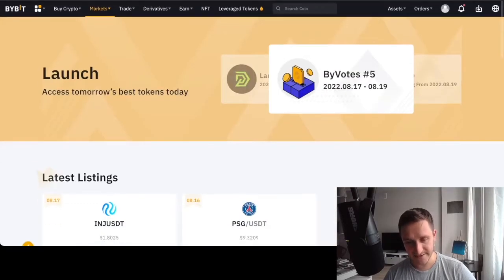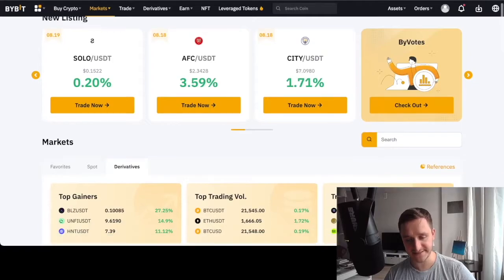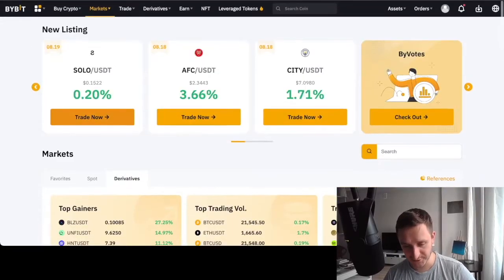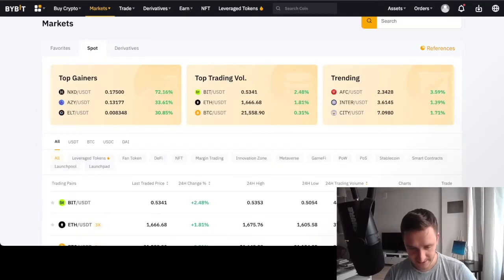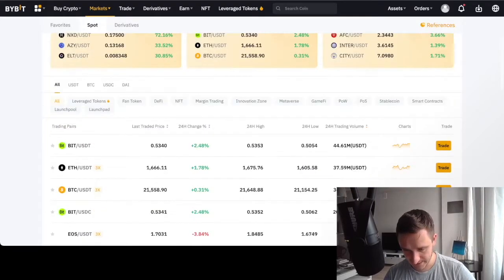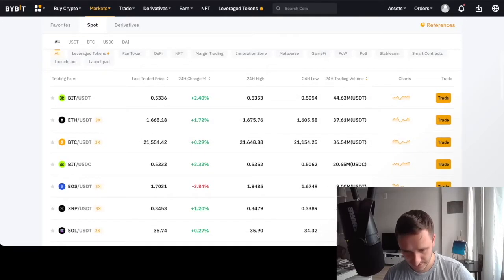Other things, they have those different statistics around the market, which is really great. So in total, you have things like new listings, what markets are doing, whether spot or derivatives. You have a bunch of things like changes and volume. You can go by basically the maximum volume.